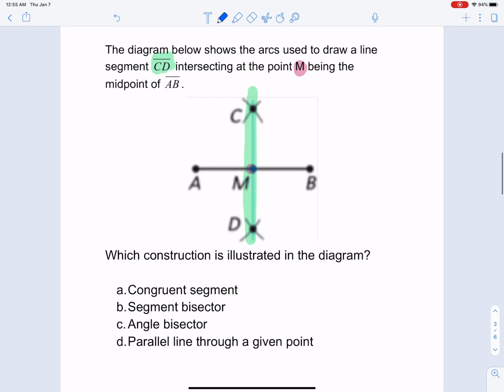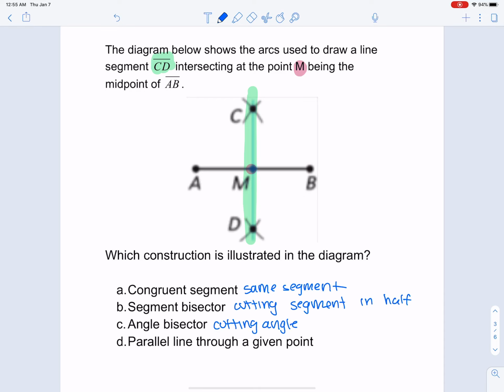Congruent segments, so the same segment, kind of like a copy. Segment bisector, cutting a segment in half. Angle bisector, cutting an angle in half. Or parallel lines.